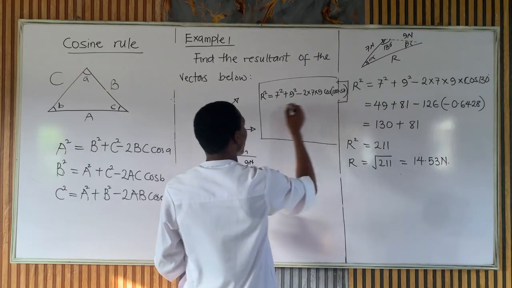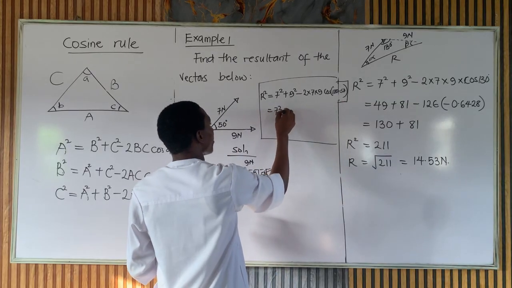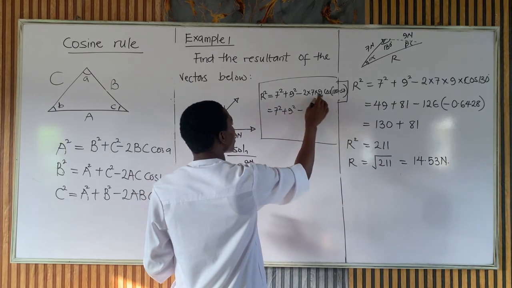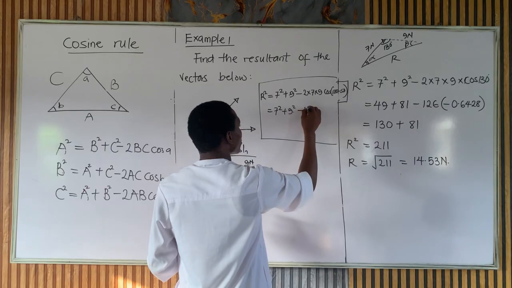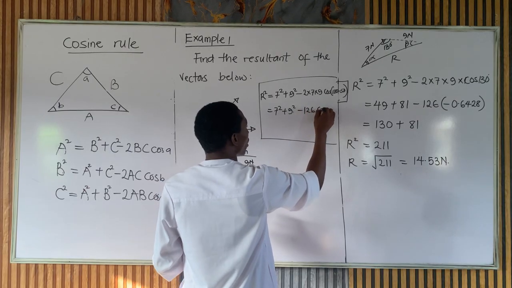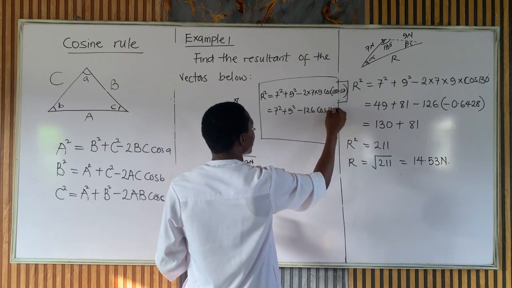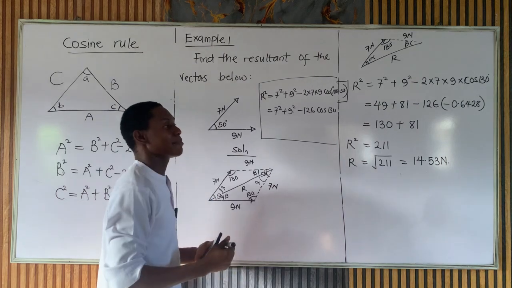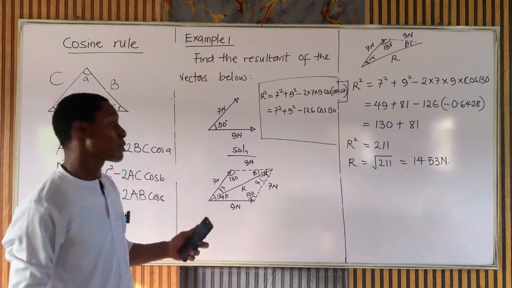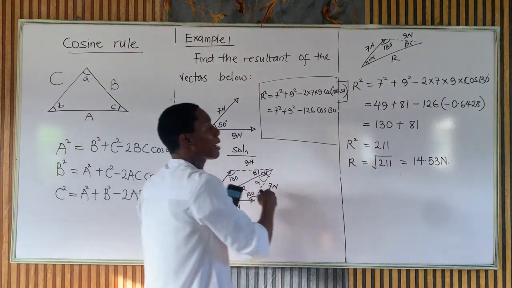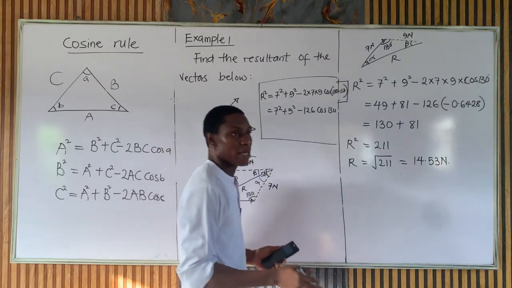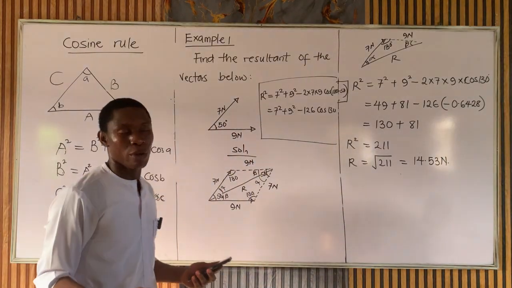That will be 7 squared plus 9 squared minus 126 cos 130, and then you can solve. You actually get the same thing, but that's without putting up this diagram and following the parallelogram law. You just want to be fast because your exam can be OBJ.